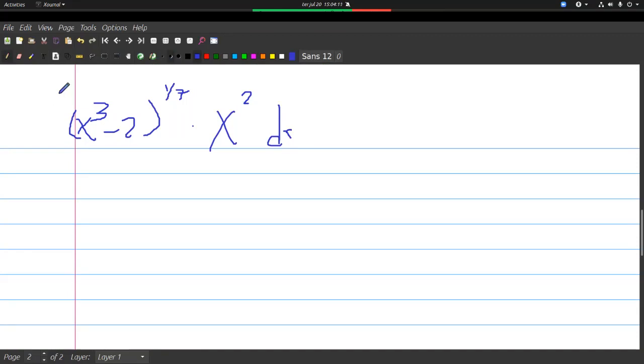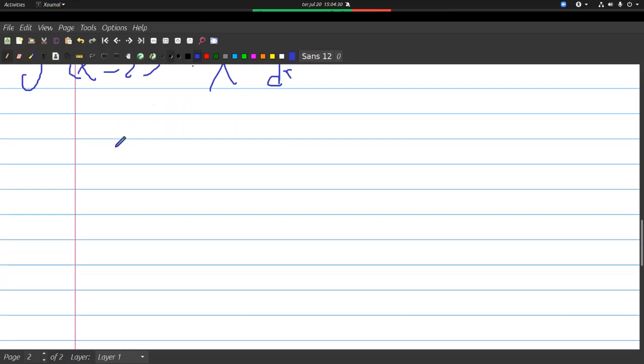And the integral sign is an elongated s, which makes sense because it's a sum, the sum of the little rectangles below the function. So we're going to wisely choose v.